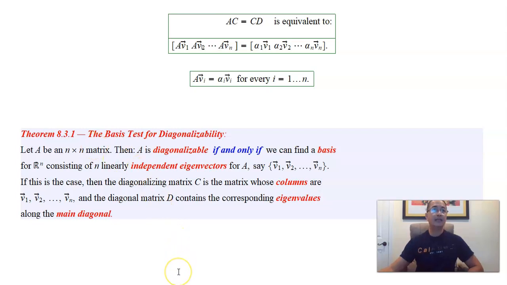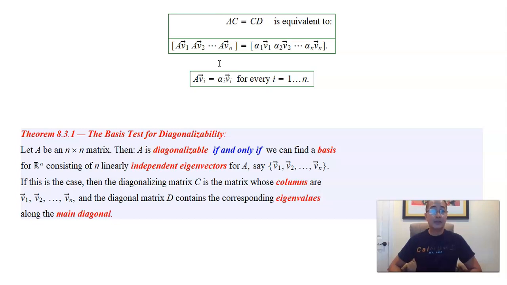That gives us the basis test for diagonalizability. Why basis? We said that C has to be an invertible matrix. Therefore, the columns of C have to be linearly independent.